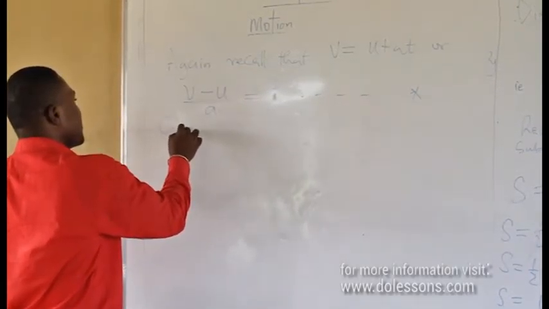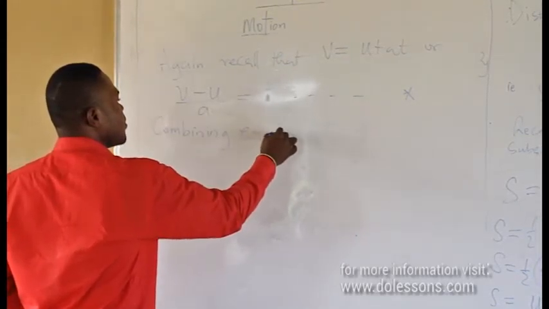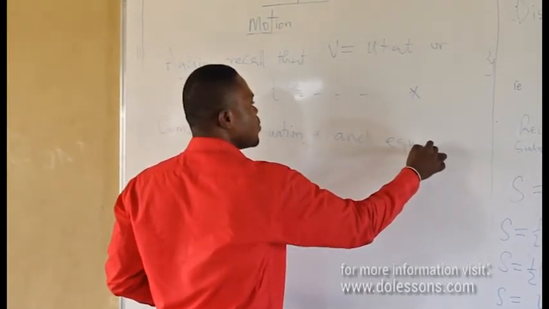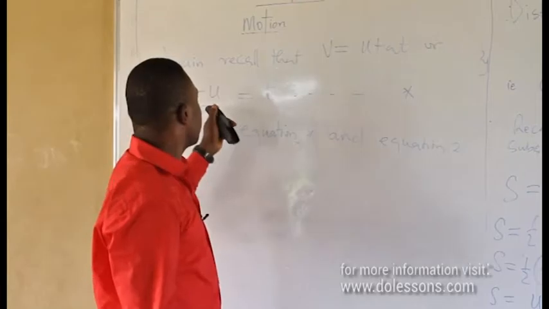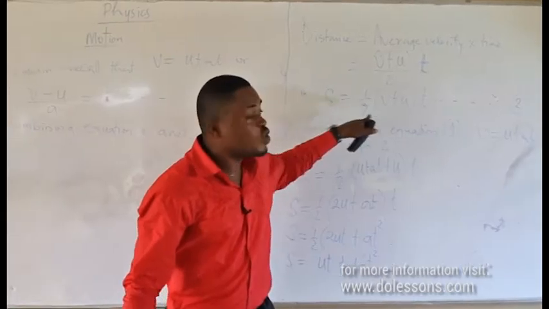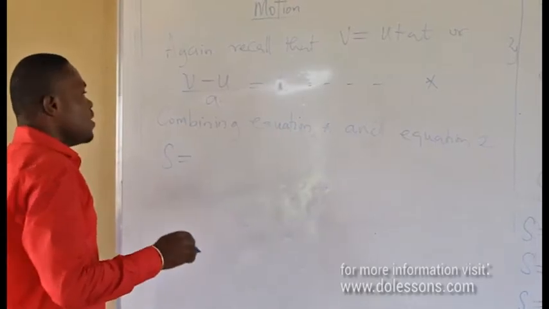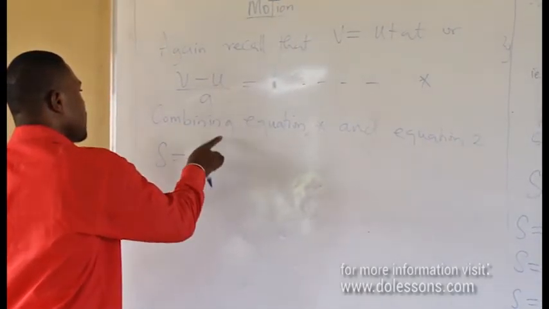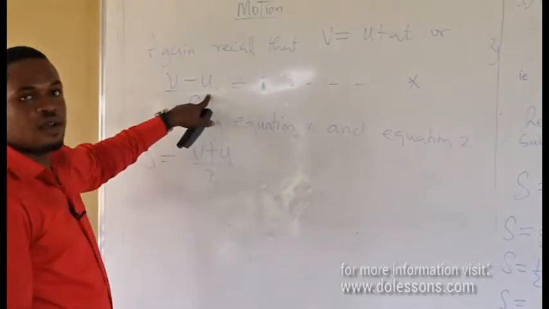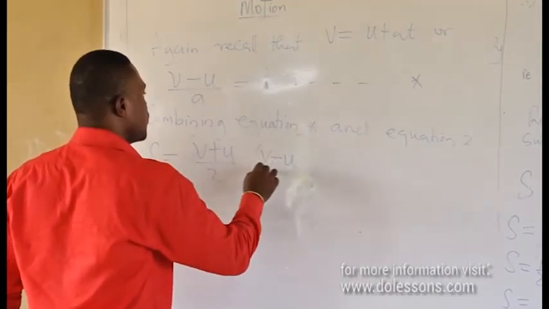Now, combining equation star and equation 2, these two equations, we'll see that the distance of the body is equal to v plus u all over 2 times t, times v minus u all over a.